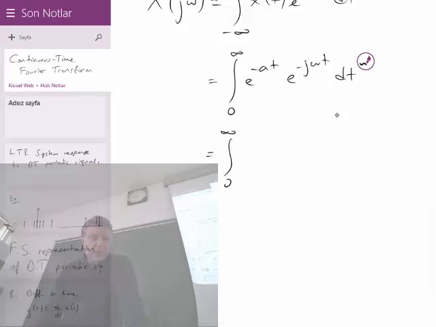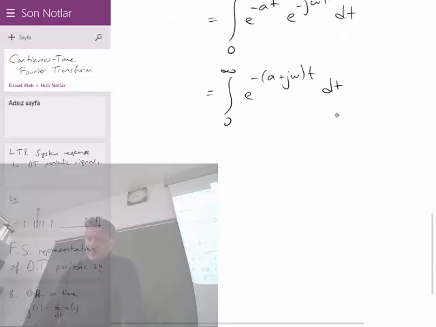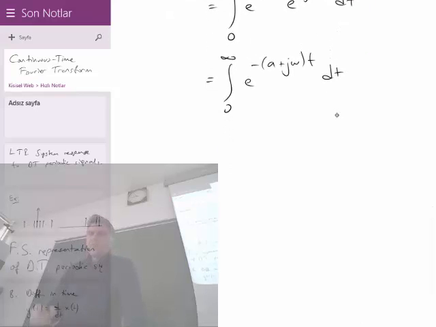Let's put into a common parenthesis e to the minus a plus j omega t dt. Right? We have combined the exponents. And the integral of an exponential is something that you can remember, one of the few things that you can remember from calculus. It's easy.